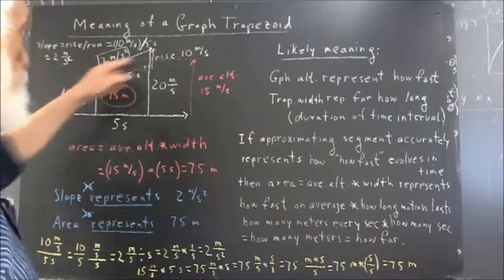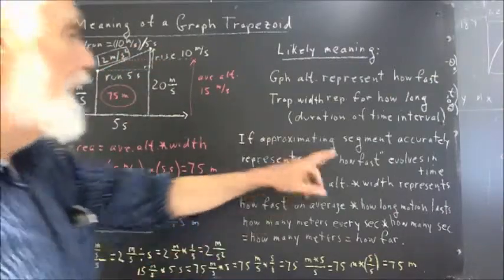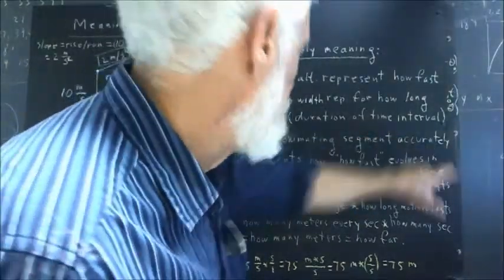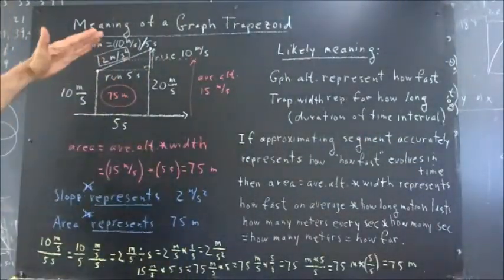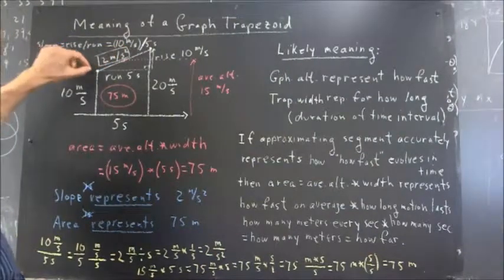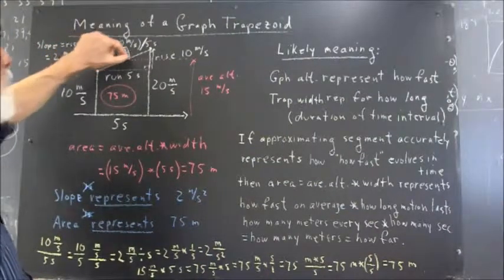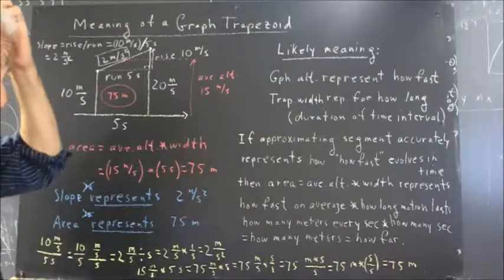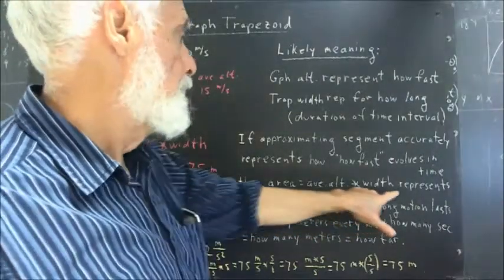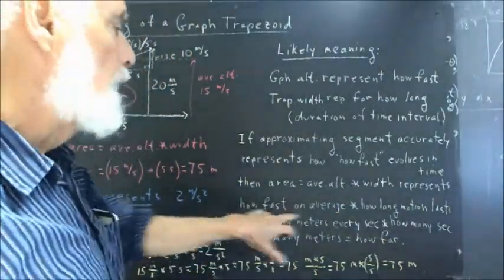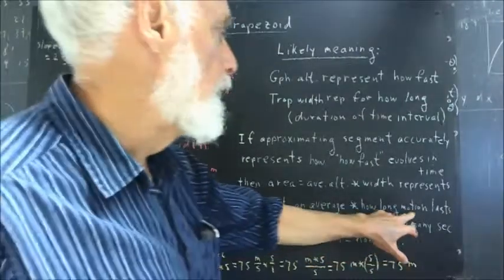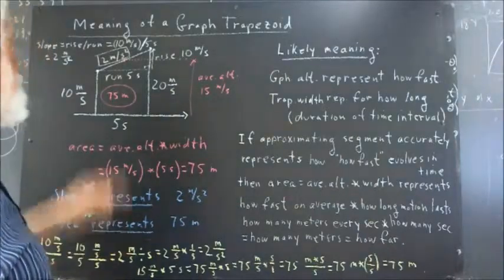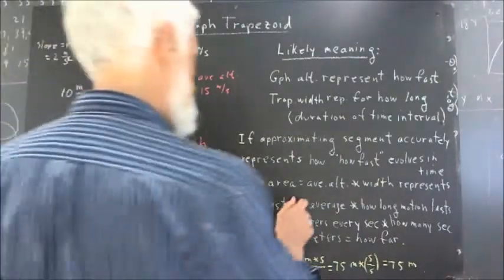If the approximating line segment between here and here accurately represents how the quantity, how fast, evolves in time, that is, if the how fast really increases at a constant rate from here to here, indicated by the straight line, then average altitude times width is going to represent how fast on the average multiplied by how long the motion lasts. Now, that means how fast on the average would be, in this case, 15 meters per second.